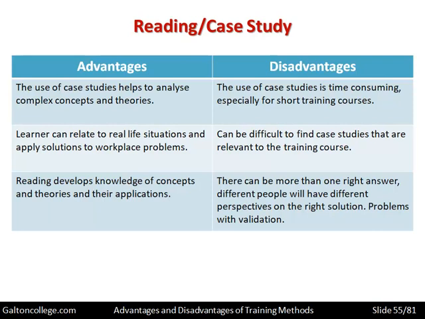The disadvantages: well, there can be more than one right answer. Different people will have different perspectives on the right solution. Problems with validation. Which one should be picked? Sometimes when we have a real world problem in business or in any aspect of our life for that matter, we may ask family and friends for recommendations, and we may get a whole variety of suggestions.